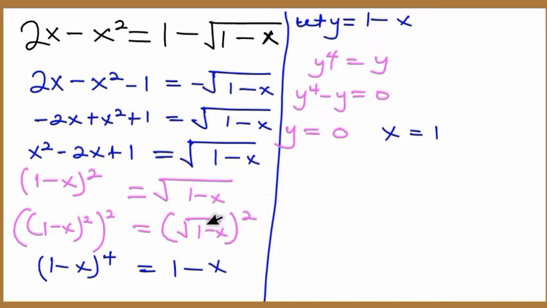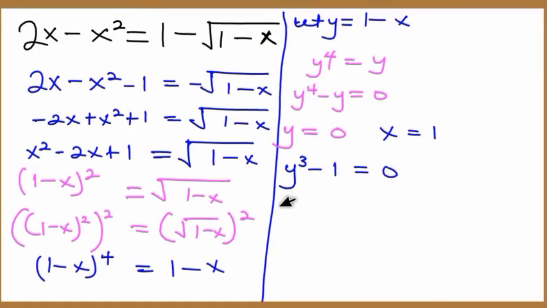Now the other roots are the roots of the reduced equation obtained by dividing through by y. So we will divide this equation through by y. So dividing through by y, I will have my y to the power 3 minus 1 equals 0.